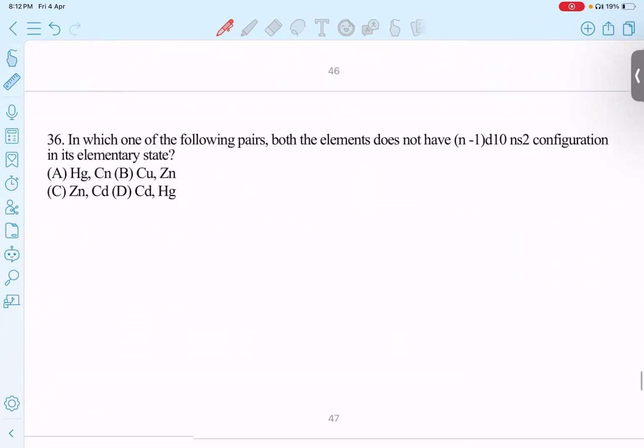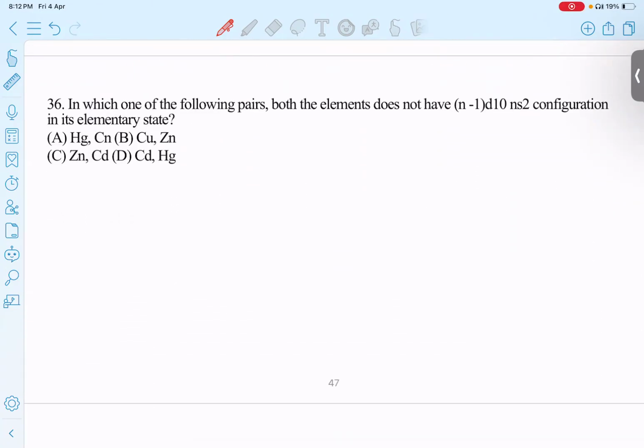Next question: in which one of the following pairs do both the elements not have (n-1)d10 ns2 configuration?